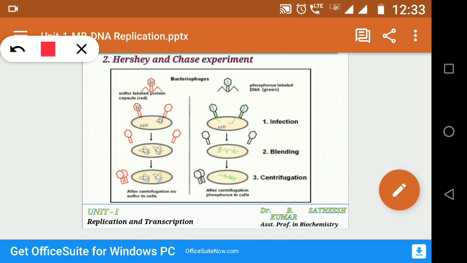In centrifugation, we can easily separate the protein coats of bacteriophage and the E. coli cells into two different bands.